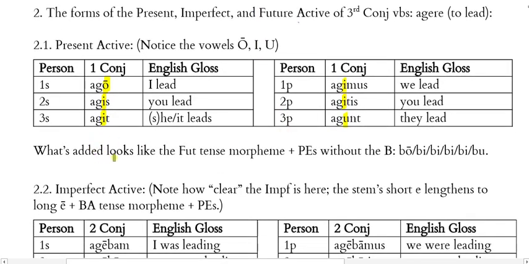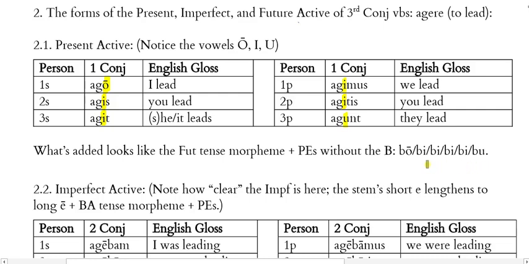Now, one thing that you may notice here, and Wheelock makes a point of this as well: what's added to the end of the verb form after you've got the ag stem is what looks like the future tense morpheme plus the personal endings, but with the B missing. So we learn bo, bi, bu.